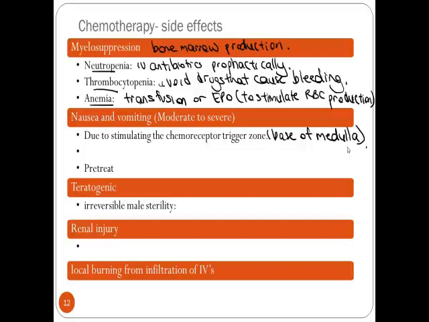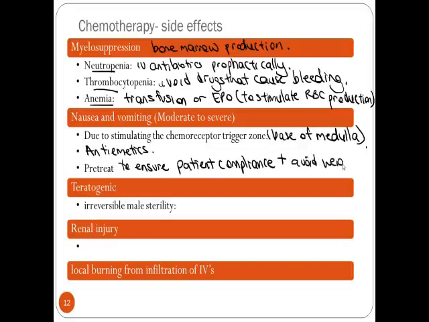So some ways to combat this side effect is to give the patient antiemetics, and also to pre-treat the patient with antiemetics to ensure that the patient continues with the program, to ensure patient compliance, and also to make sure that the patient actually eats, right? Because if you're feeling nauseous and you're vomiting, you don't eat, and then you lose weight, and then that doesn't help in the whole scheme of things.